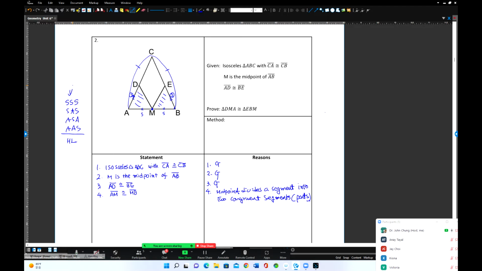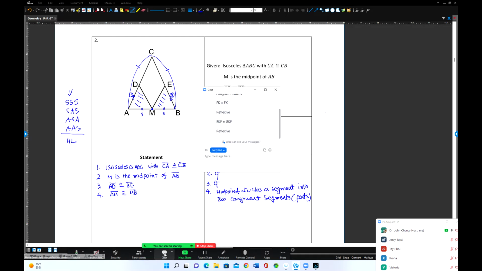The other one is not given, so from the figure we need to find it.